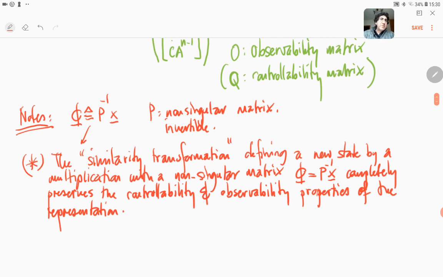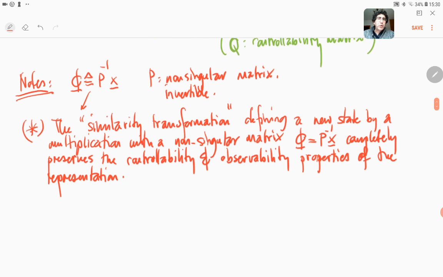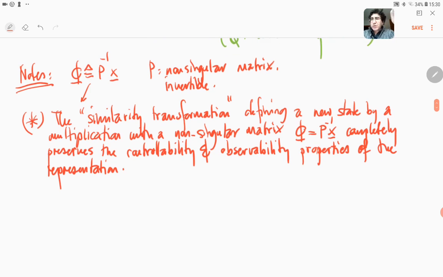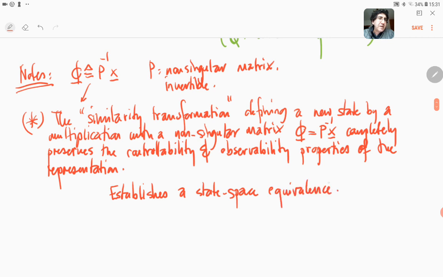In fact, maybe I'm going to try to prove this for you in a minute, but let's first say that this kind of transformation establishes a state space equivalence. Not only that, the two system representations have exactly the same transfer function.